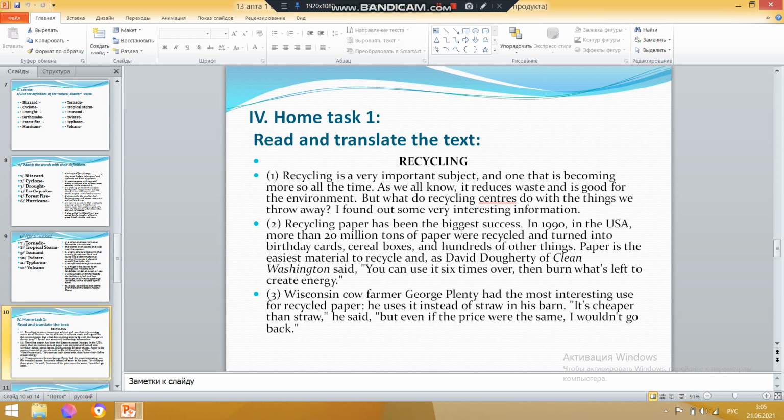Wisconsin farmer George Plenty had the most interesting use for recycled paper. He uses it instead of straw in his barn. It's cheaper than straw, he said, but even if the price were the same, I would go back.